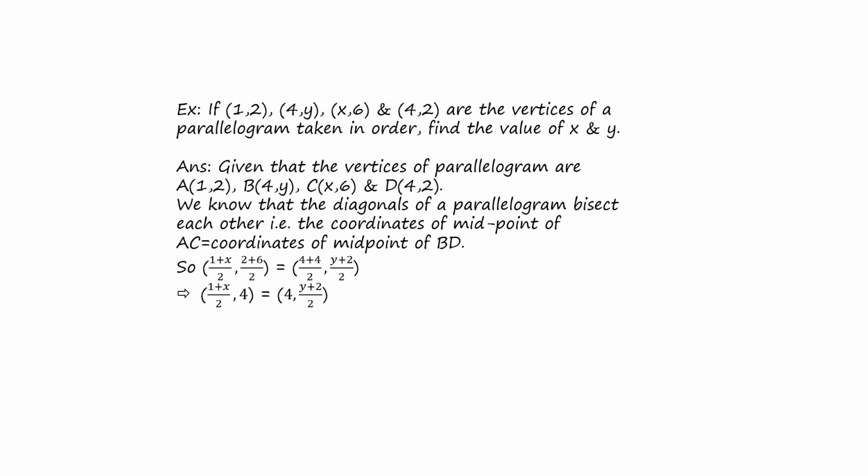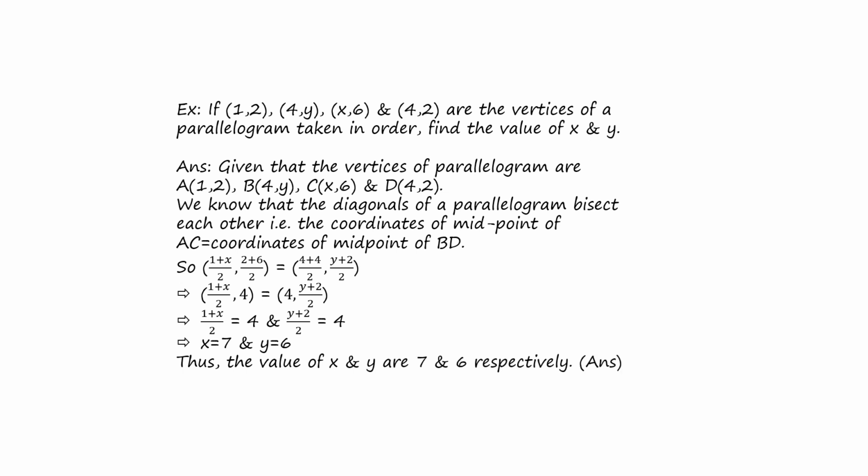By equating both the coordinates, we get (1 + x)/2 equals 4 and (y + 2)/2 equals 4. This implies x equals 7 and y equals 6. Thus, the values of x and y are 7 and 6 respectively, which is the answer.